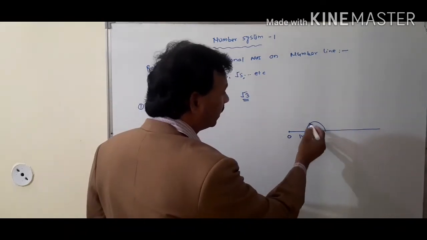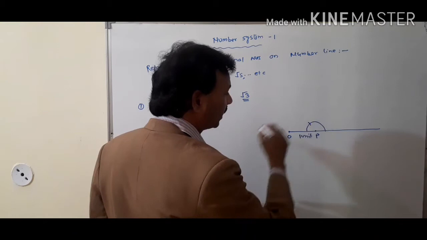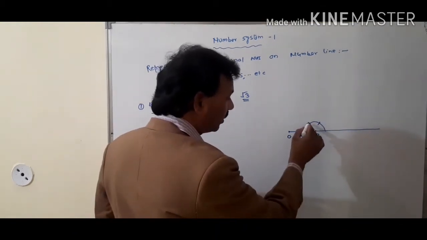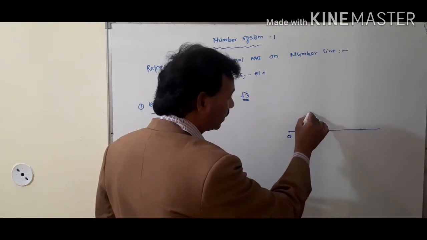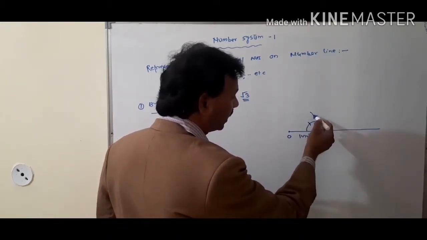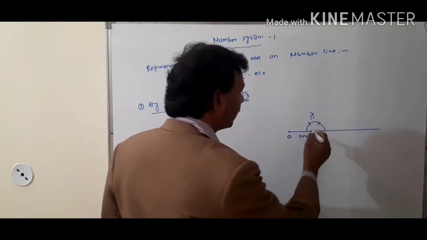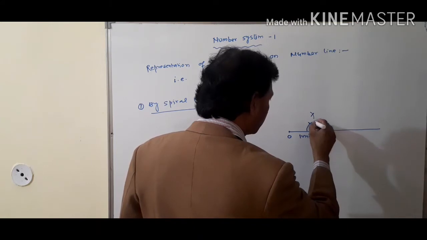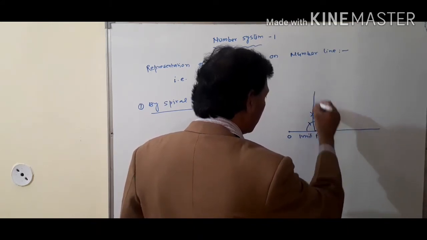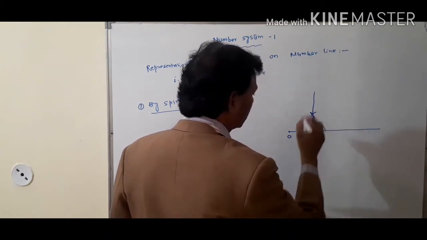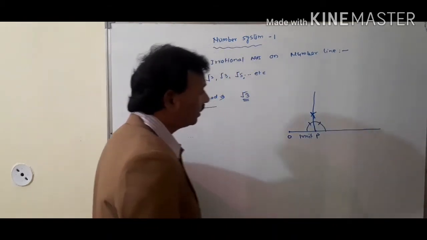Again from here cut another arc, and from this point with the same radius cut another arc, and join this point to this point with the help of a scale.